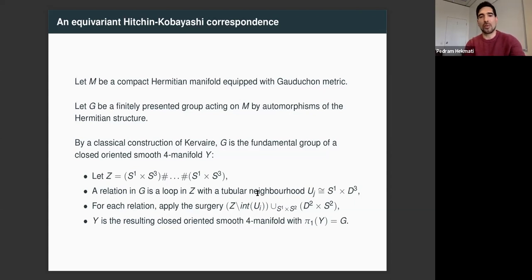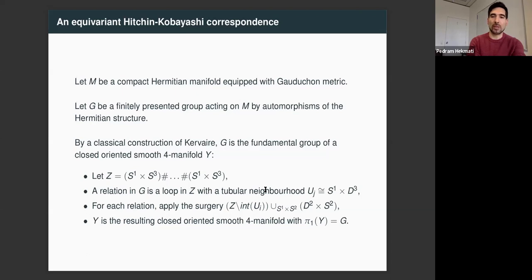So the idea to construct this manifold Y is to do surgery along these loops. So you cut out the tubular neighborhood of the loops corresponding to each relation in your group G. The tubular neighborhood is homeomorphic to S1 cross a 3-ball, and the boundary of the 3-ball is S2, so the boundary is S1 cross S2, which is also the same as the boundary of D2 cross S2.